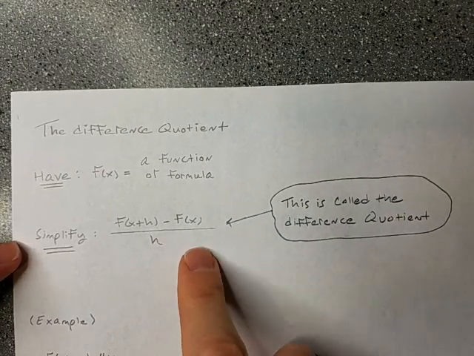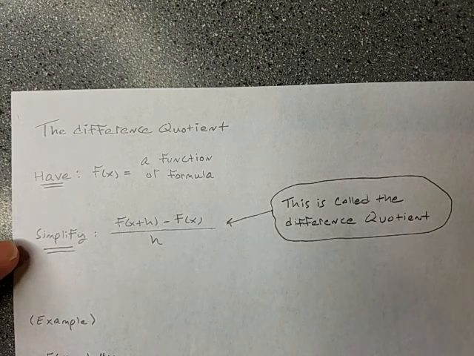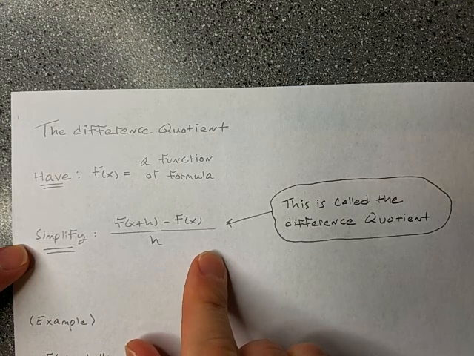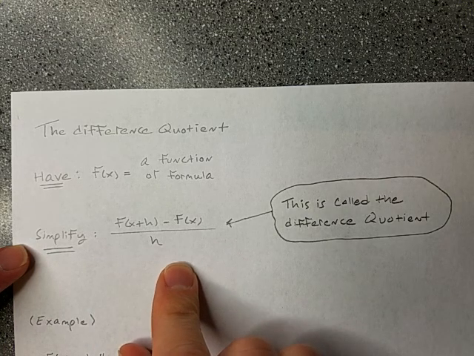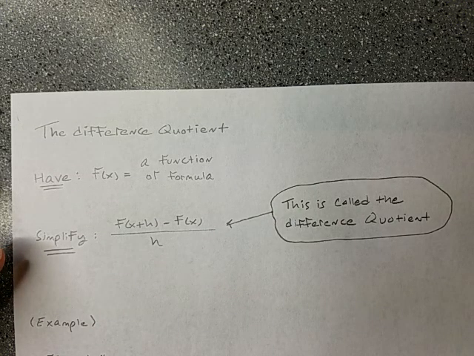I'll say a little bit about what's going on with that and why we're doing it. This has some relevance in calculus. If you keep taking math, this will be something you learn more about then. But for now, I'll say this.